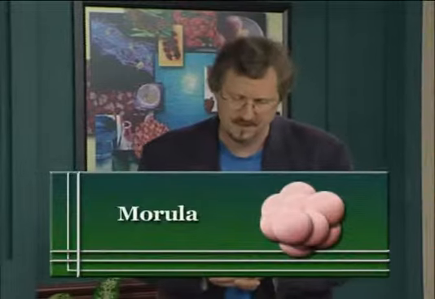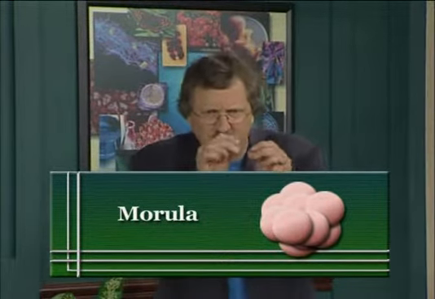Now, after some number of cleavages have occurred, the developing organism eventually turns into what looks like a small solid ball of cells. We call that ball of cells the morula. This is actually the Latin name for mulberry, which is a little berry that looks something like a raspberry, because in fact, the structure just looks like a whole bunch of little cells.